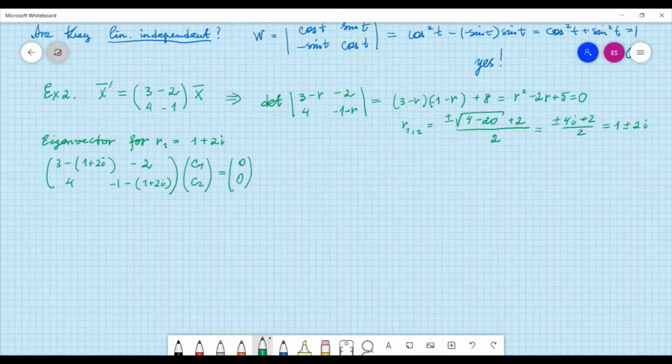We remember the determinant of this matrix is equal to 0. We were searching for the r's which satisfy this, which means the two rows are supposed to be linearly dependent. If you look at these two rows, I'm going to simplify them a little bit to show it more explicitly, minus 2i, and they don't look like they are linearly dependent, right?